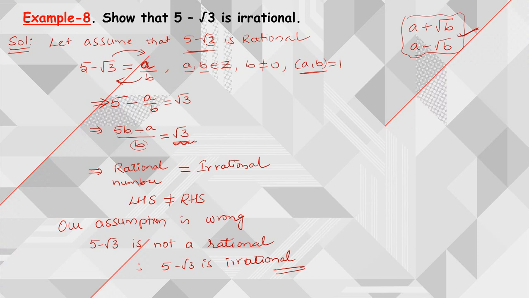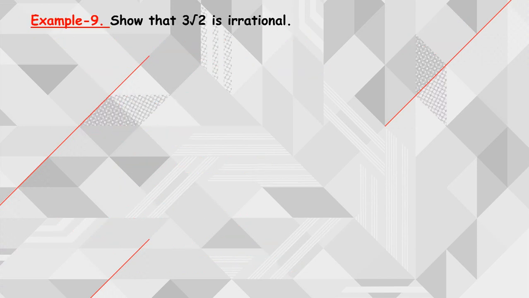Next, moving on, show that 3 into root 2 is irrational. We are going to follow the same steps, so there won't be any change in the steps. Initially we are going to assume that 3 root 2 is a rational number, right? So that is the first step.